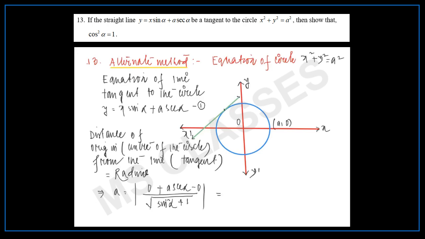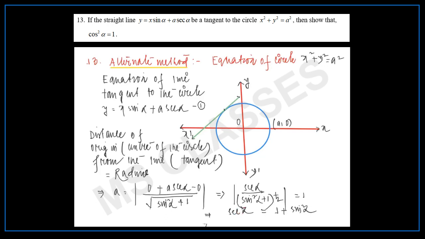Now this means that mod of sec alpha by (sine square alpha plus 1) to the power of half equals 1. Now from this, sec square alpha equals 1 plus sine square alpha, where sec square alpha is 1 by cos square alpha.